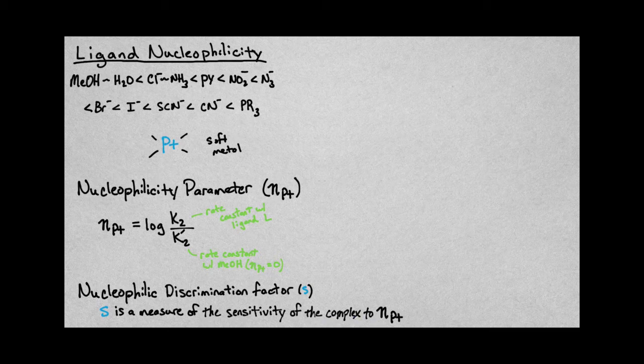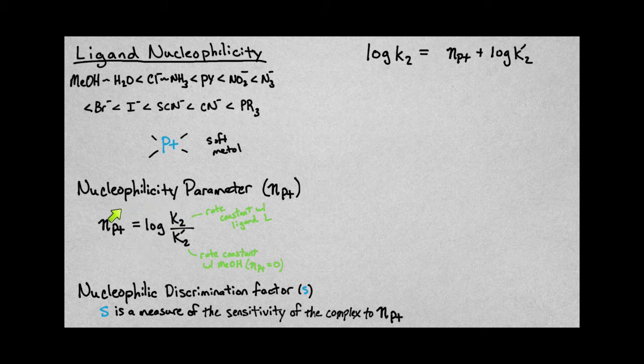In other words, as the metal center gets softer, we might expect it to be more sensitive to increasing nucleophilicity or increasing soft character of the incoming ligands. The relationship between all these parameters is given here.